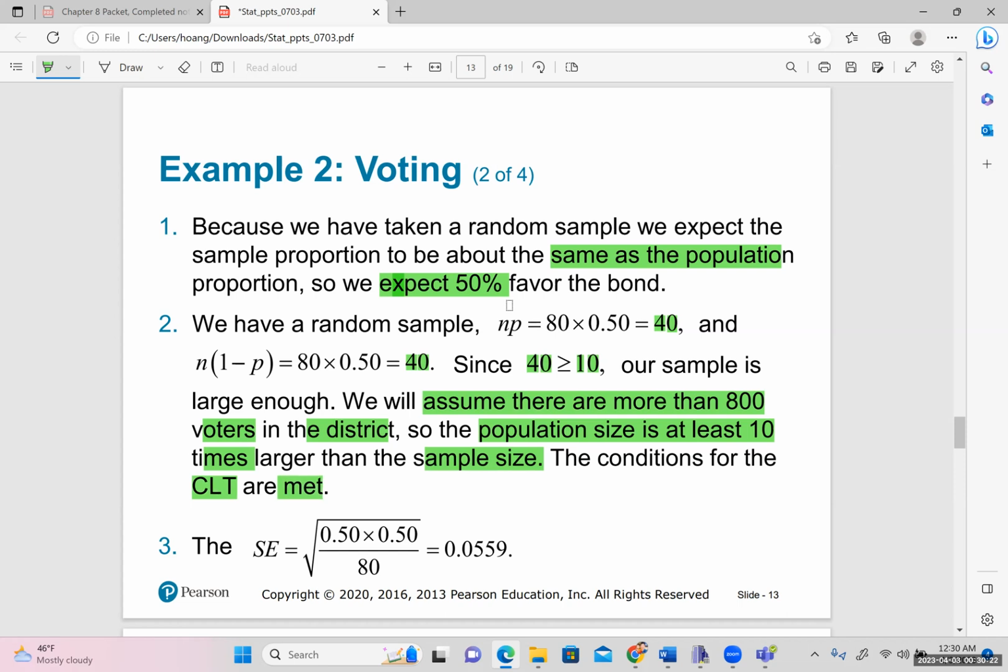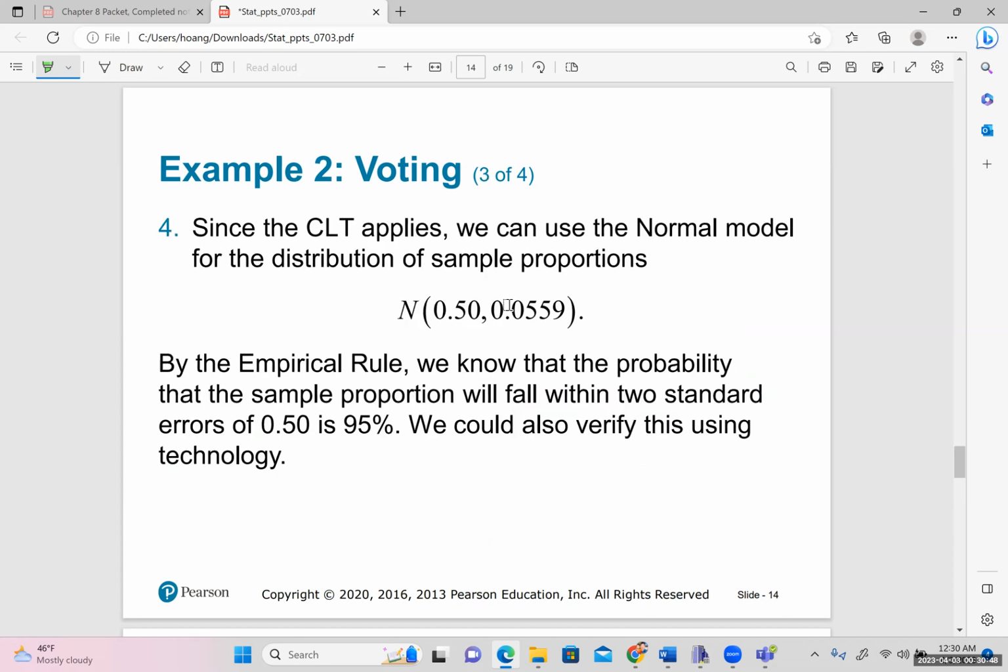All right, so then we can find the standard error, which uses the formula square root of p times 1 minus p divided by 80, which is n. So 0.5 times 0.5 divided by 80, and then the square root, and you get 0.0559.